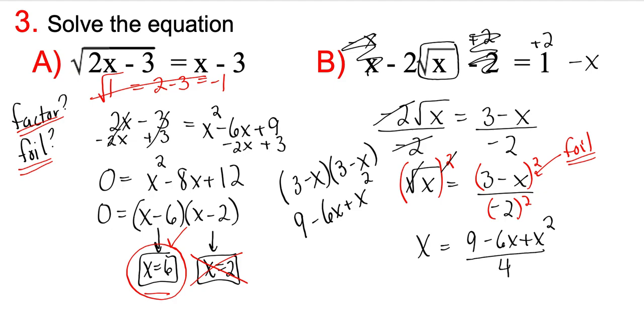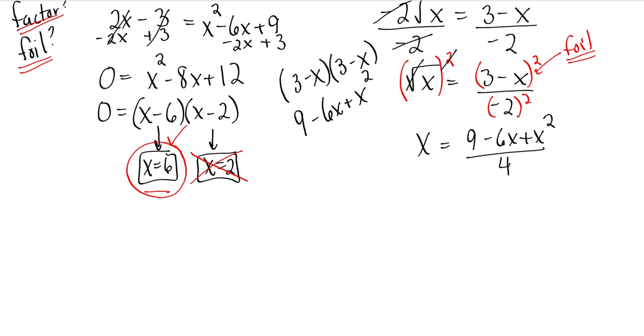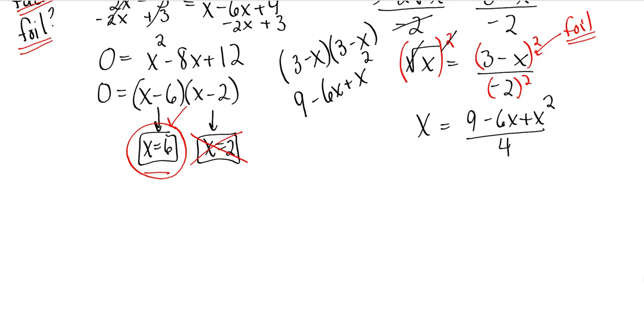Okay. So we've done everything like this before, but just not all combined into one question. All right, so how do we go from here? So I don't want to factor anything up here yet because I would just get back to that 3 minus x. I would get back to where I started. So I want to get rid of this. How do I get stuff out of the bottom? I'm going to multiply both sides by 4.